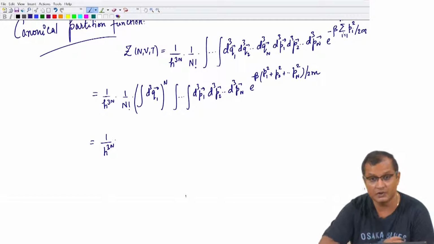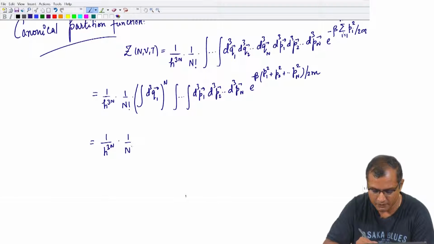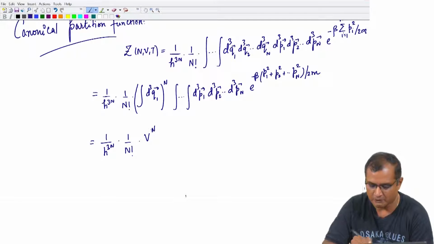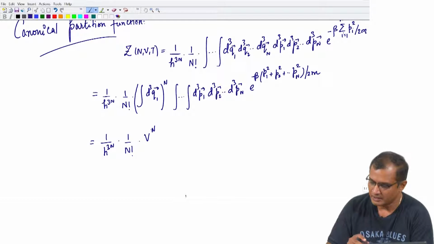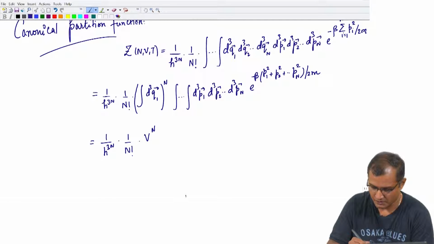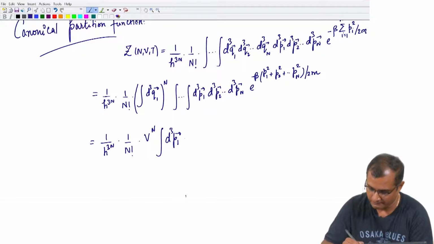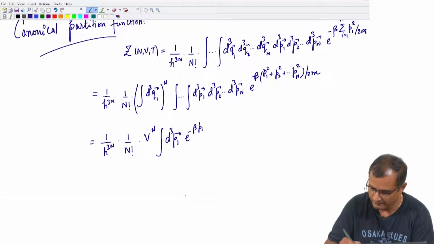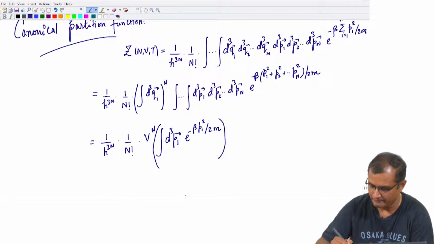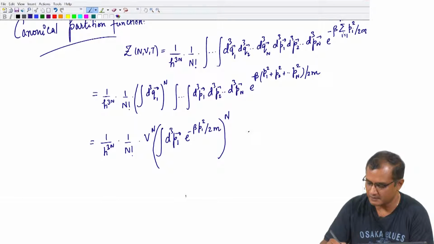I can write this as 1 upon h to the power 3n into 1 by n factorial. The single volume integral would give me V, but I have raised it to the power n. So, it gives me V to the power n, and look at the momentum integrals, since all these p i's are independent of each other, I can write this as a single integral over one particle and raise this to the power n, since all these particle momenta are independent.